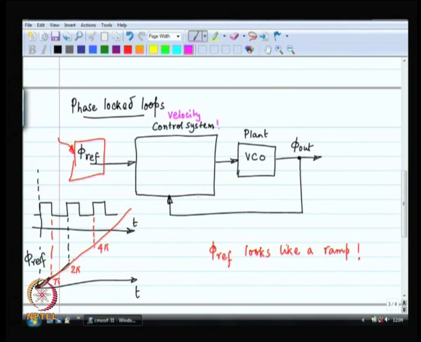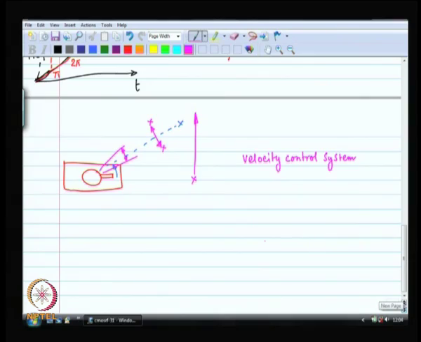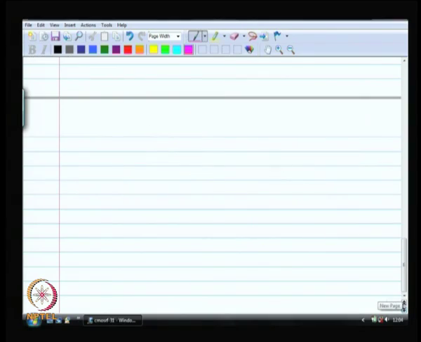All right. So, this is an important property of the control system that you have got to build. Fine. So, with this background, let us try to build something.